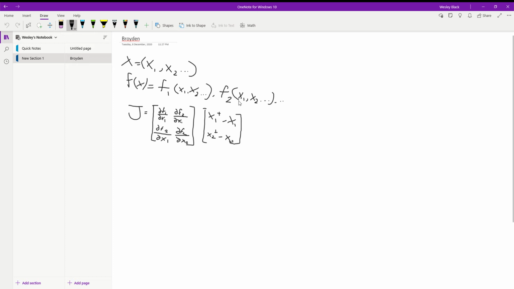What is a Jacobian matrix? It's a gradient, essentially, where you've got the partial derivatives of each function with respect to each variable in a nice n by n matrix, and then this n by 1 matrix. This could also be represented as x.